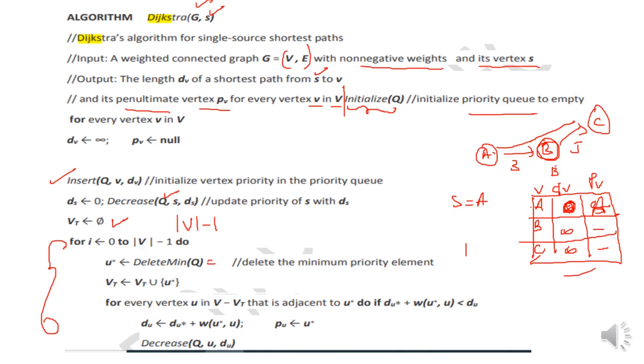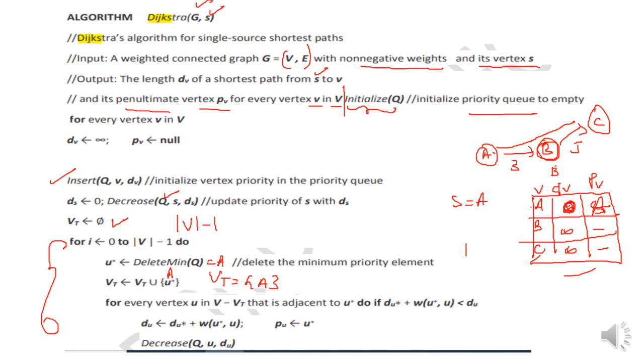So now in this case A will be assigned to u star, and that you are going to add in the VT. VT will now contain A. Always this is nothing but delete the minimum priority element. Minimum priority element in the sense the distance which is smallest, that vertex will be removed, and that will be put into the set of tree vertices, like how we have done in the example.